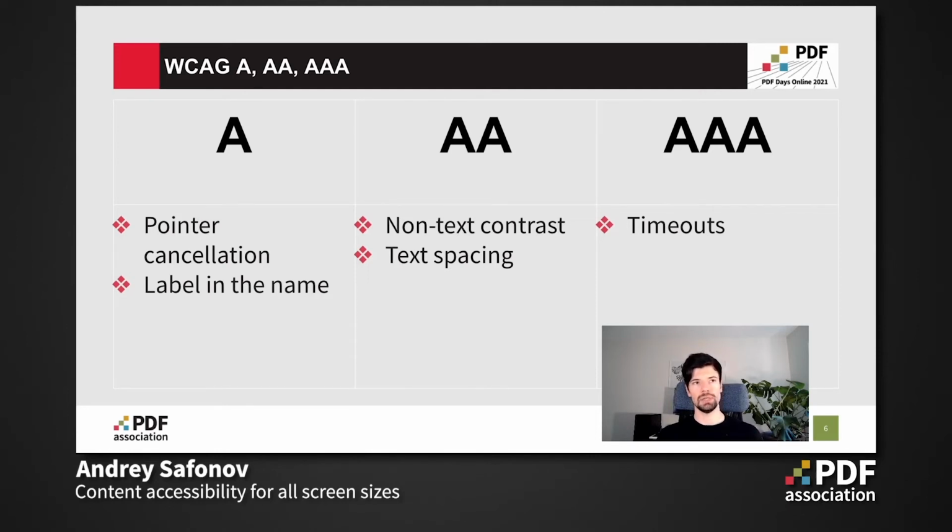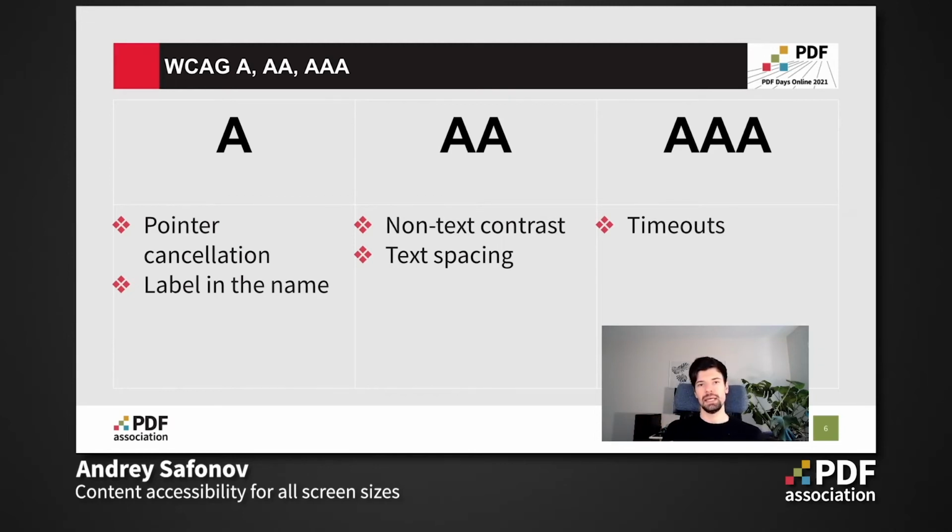So let's talk about pointer cancellation. Pointer cancellation can be explained where, let's say we have a PDF form, and inside of that PDF form we have a checkbox that I could click on. As the user navigates, let's say via keyboard or via mouse, and they get to the next field, just by tabbing to the field or by selecting it with the mouse, we want to make sure that if I didn't release my mouse and I'm still holding it, I can just move my mouse away, and that mouse down action would not actually trigger the effect of checking the checkbox.